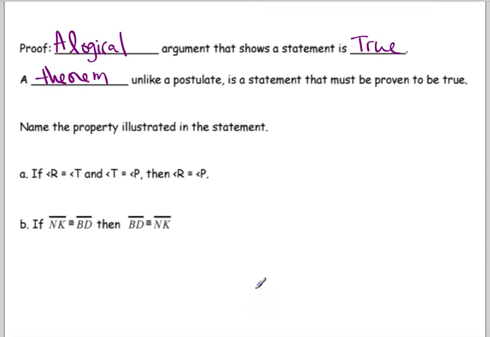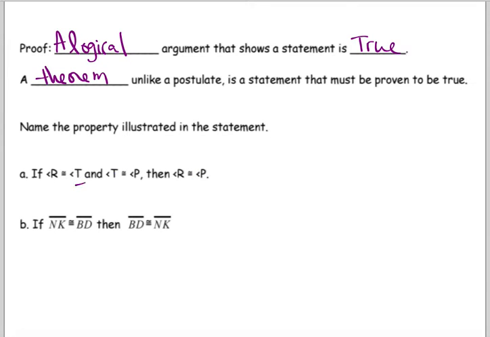So here are some of the questions where they just give you a very clear question: what property is being illustrated right here. It's easier than if they are in a proof, just kind of by themselves. It's more clear to tell. We see the congruent symbol here, so it has to be one of our properties of congruence. There's only 3 of those: symmetric, reflexive, and transitive.